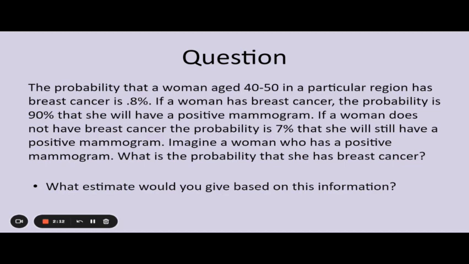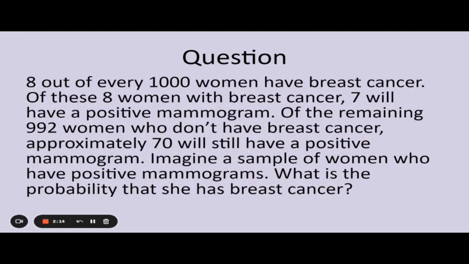But if I changed 0.8% to 8 out of every 1,000, that makes it a little bit more tangible. And I think that's easier to understand. So out of every 1,000 women, 8 of them in that particular region are going to have breast cancer.